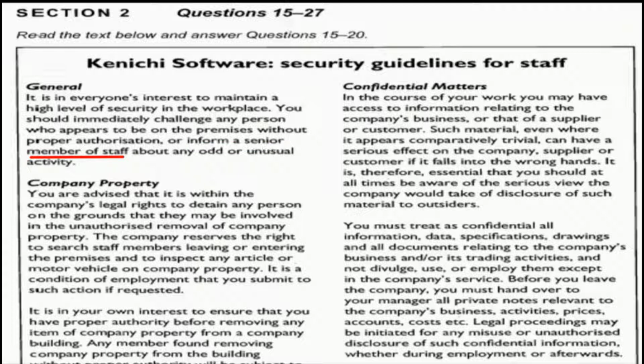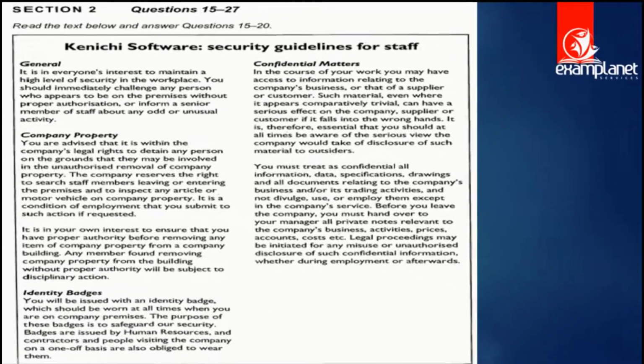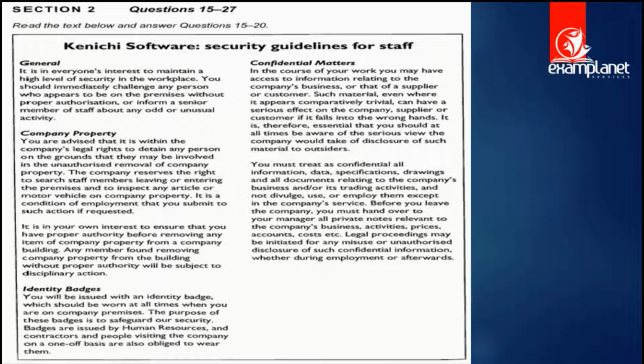Of course, member of staff there is just a synonym of employee. So the answer to 15 will definitely be senior, because that is the kind of employee you should report to or inform.